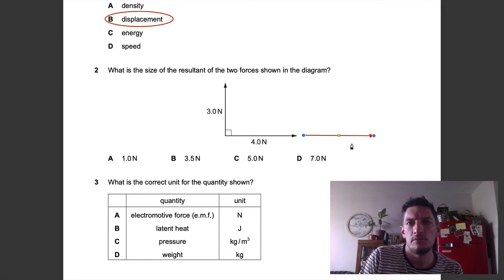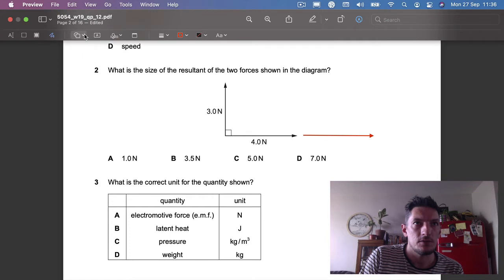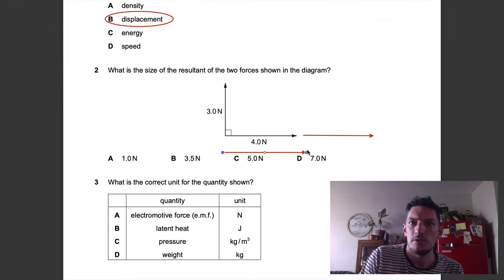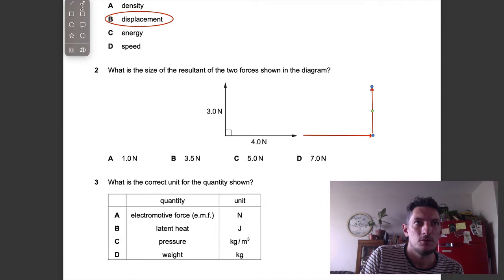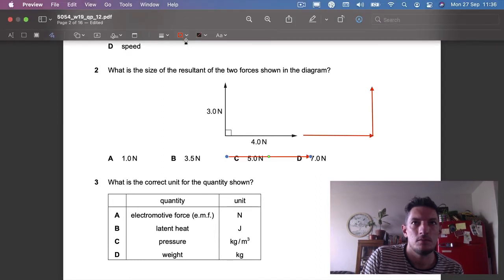So here would be one vector, and now I'm going to add another vector. However, this vector's tail will be appended to the head of the previous vector, like that. And then we're going to have a resultant vector, which I'll color in another color.